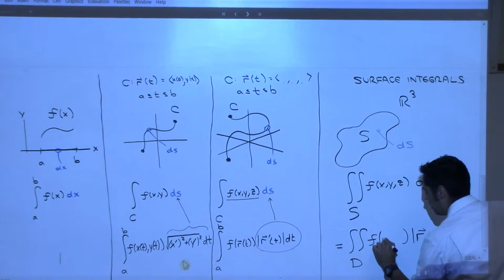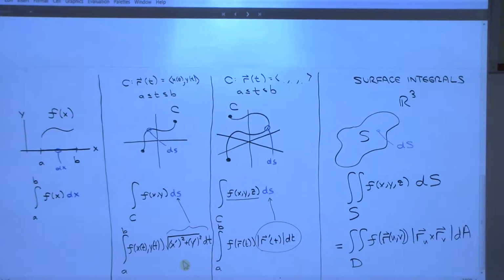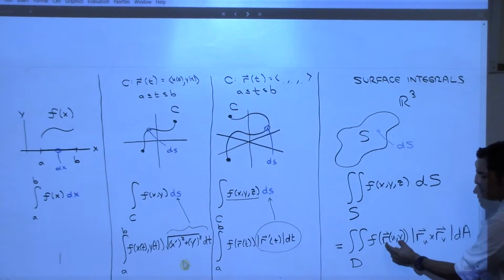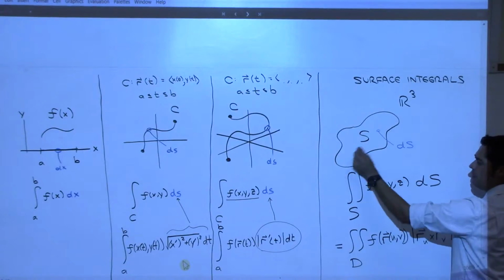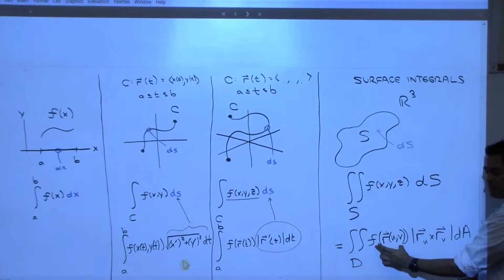Let me just go ahead and put what's in here, r of uv. So what was r of uv from the last class and maybe the class before? What does a vector function of two variables draw? A surface, right? So what we're going to do is plug the points of the surface into our scalar function. That's what this means.